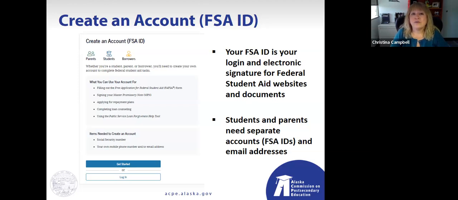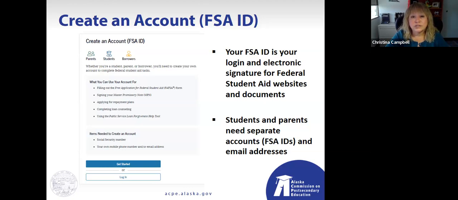So every year they will have to do this, and every single time they log in, they're going to have to go through a two-step verification, which means a code is sent to either their cell phone number if they verified their phone, or to their email. Everybody has to have an email. The option to have a phone is either or, but everybody has to have an email to create an account at the very least. So every time they log in, a code will be sent to them, and they'll have to go through that two-step.